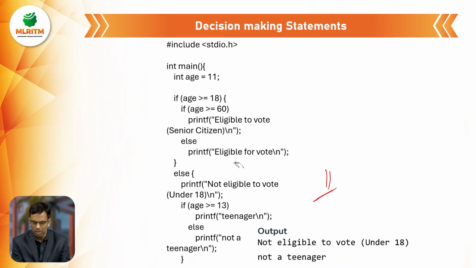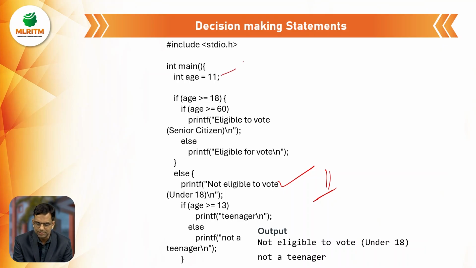Here it is, not eligible for vote. This statement is going to be executed. If age greater than or equal to 13, it will say teenager. If age is less than 13, then it will say not a teenager. So I gave a block of conditions. All these blocks of conditions get together and they can be declared under one program in one format.